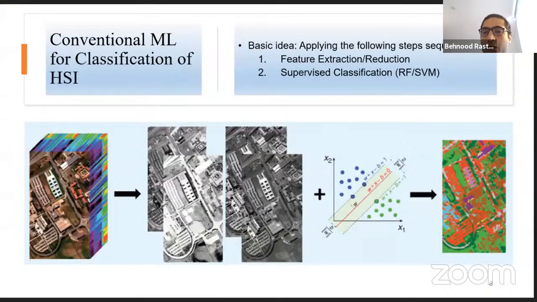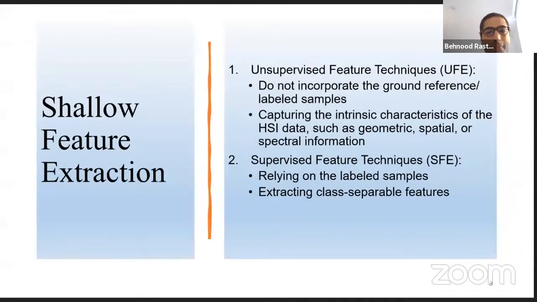Conventional machine learning techniques for classification of hyperspectral images had two steps. First, applying a feature extraction or reduction technique, and then applying a supervised classifier such as random forest or SVM, to get our final classification map. Shallow feature extraction techniques can be divided into two categories: unsupervised and supervised.